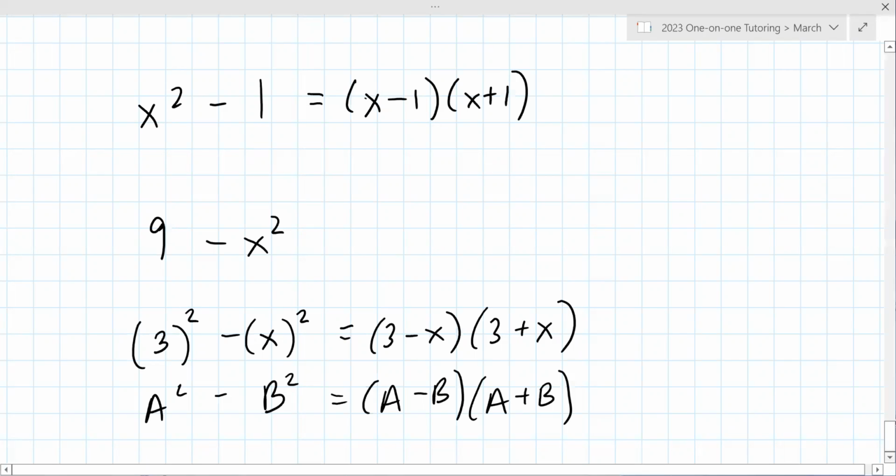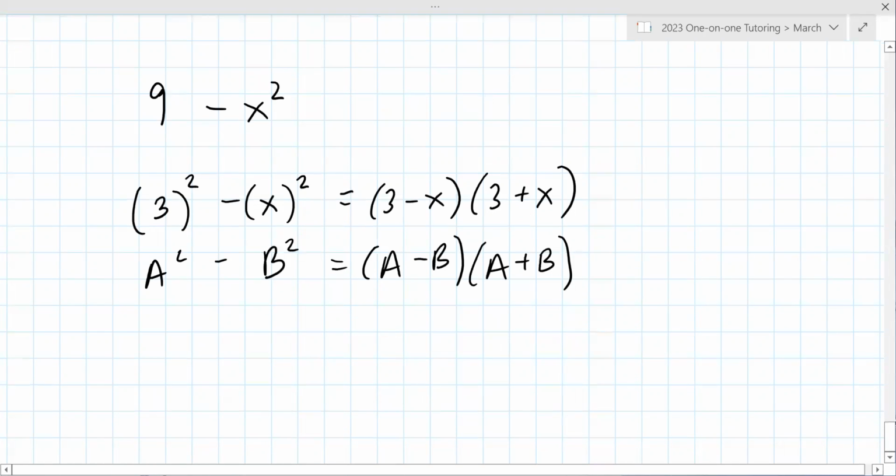If the number's first, then it'll be 3 minus X, but if it was the other way around, it would be X minus 3.